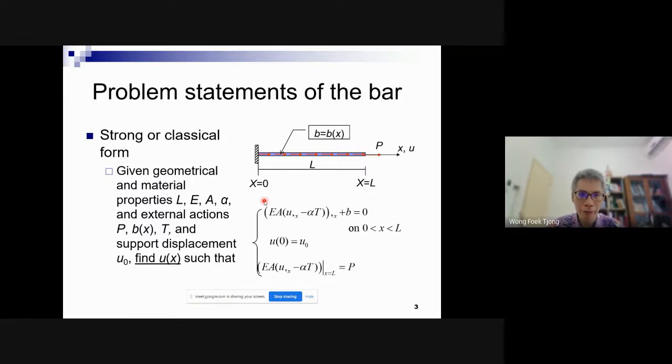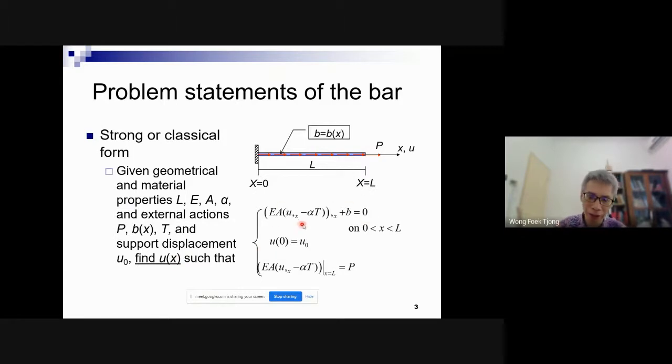So we have discussed that we have two options of stating the problems. First is called strong or classical form in the forms of differential equation like this. So the problem is find the displacement field such that satisfies this equation.